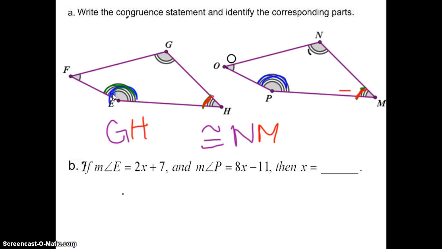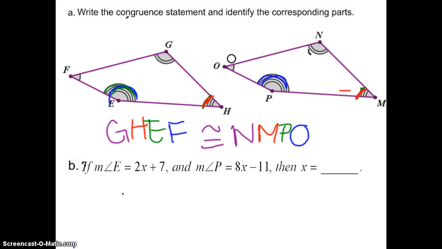Then I could say E. E is congruent to P. And then my last letter would be F, which is congruent to O. So there's no set way to write these congruent statements. The only rule is you must match up congruent angles or congruent sides.